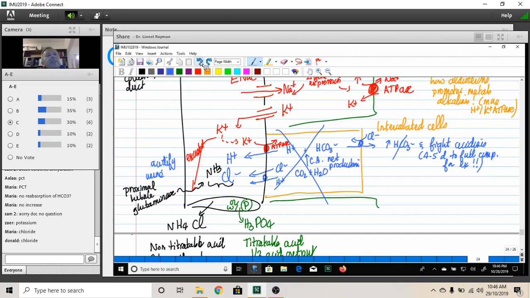What would be the serum anion gap? If my intercalated cells fail to make bicarb, they also fail to release chloride. You realize that with hyperchloremia and low bicarb, your serum anion gap would again be normal, showing you that RTAs, they always have a normal serum anion gap.